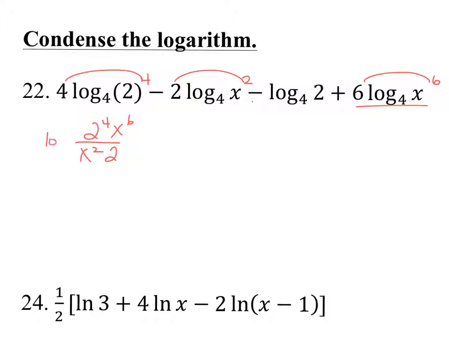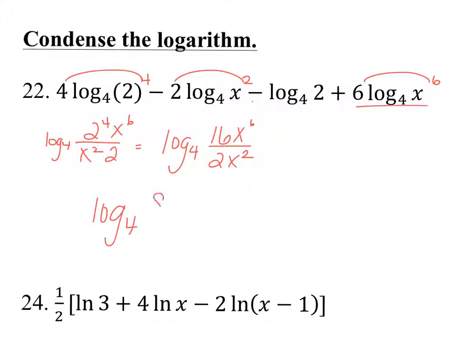And then I have log base 4 in the front. So now if I clean this stuff up, I have log base 4 of 16x to the 6th over 2x squared, which is now log base 4 of 8x to the 4th. And I'm done.